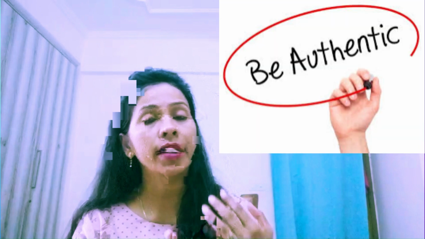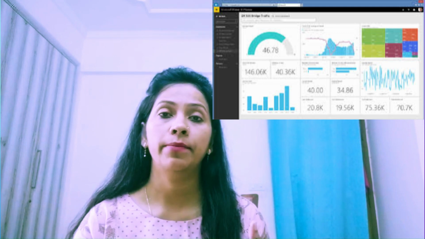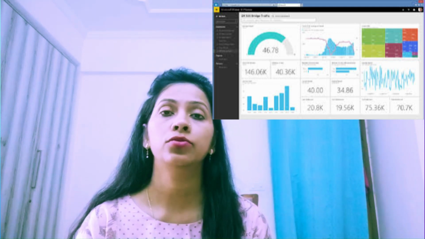There are so many market research companies available in the market. As a market research analyst, it is important that you make sure whatever data or information you are using in your report is authentic. There are certain other tools that you can also try learning, for example Tableau and Power BI.